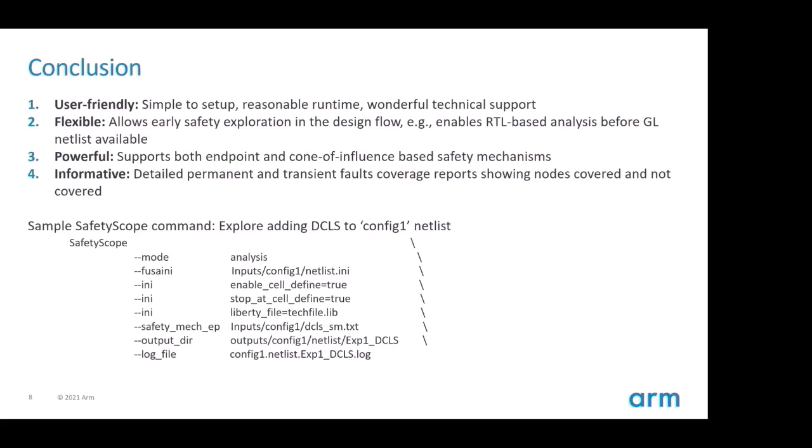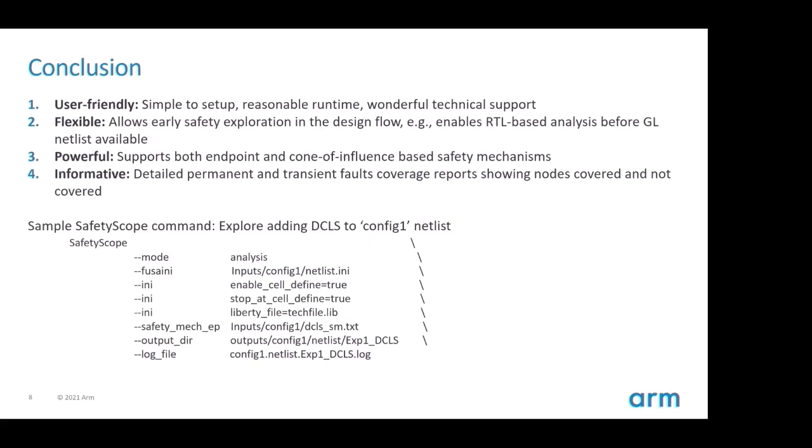So we find that to be very powerful, to be able to support both of these flows. And also the tool generates a report that's quite informative. It gives you very detailed permanent and transient fault coverage reports for the nodes that are covered and not covered.